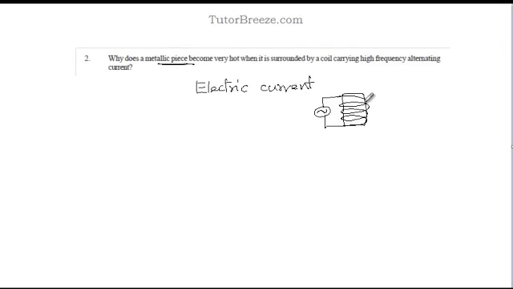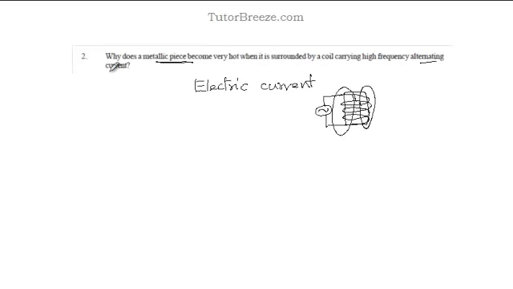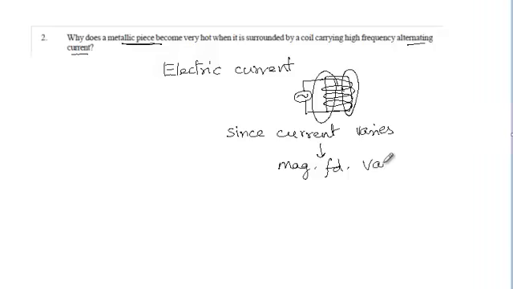Now when a current flows through the coil, you have a magnetic field all around this coil, and since the current is an alternating current, the current is a varying current. So since the current varies, the magnetic field produced by this current will also vary. So we get a varying magnetic field.